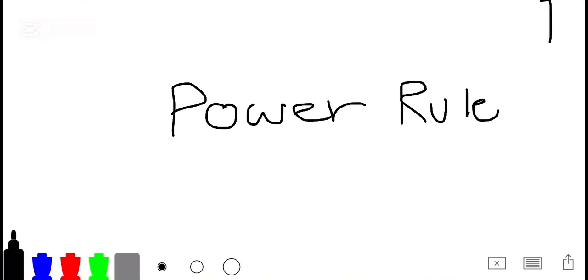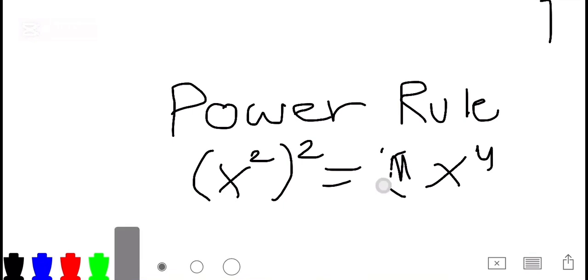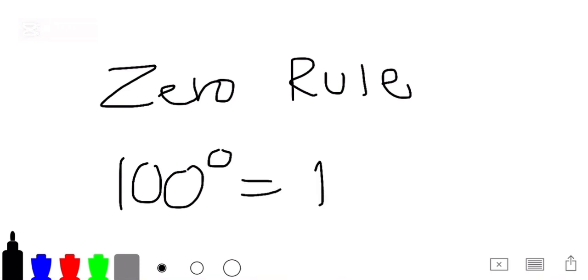The power rule is all about multiplying exponents when two exponents are on top of each other. For example, like this, it'll equal x to the power of 4. And last but not least, the zero rule states that anything to the power of 0 is 1. So even if it's 100 to the power of 0, it will always equal 1.